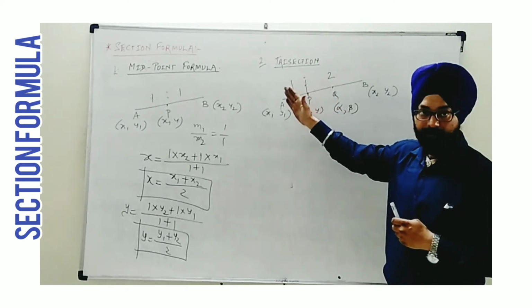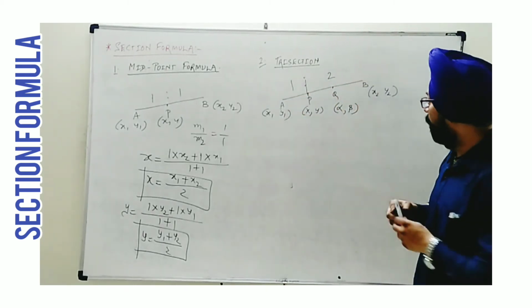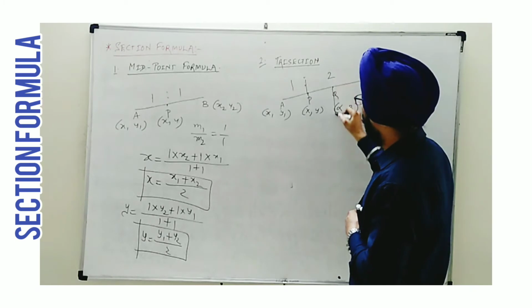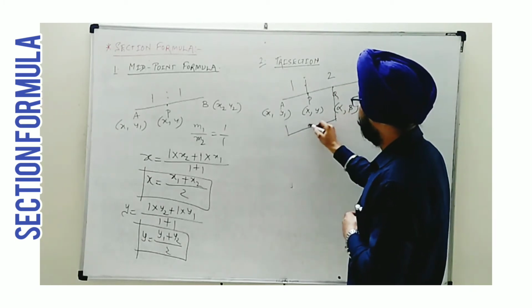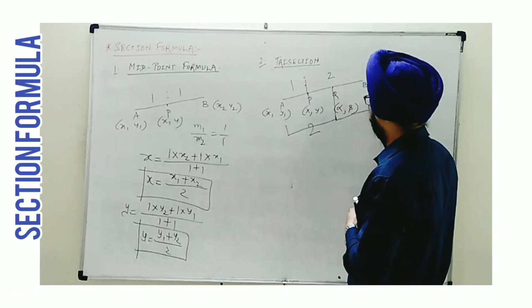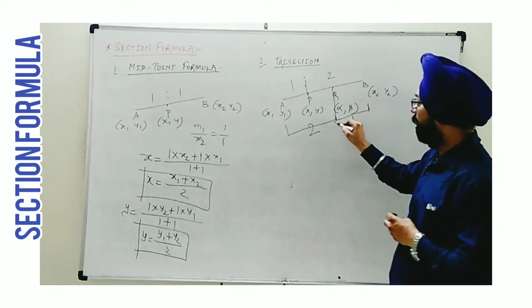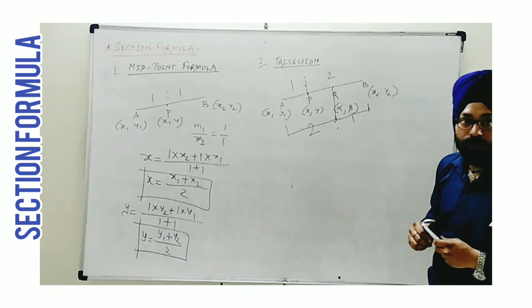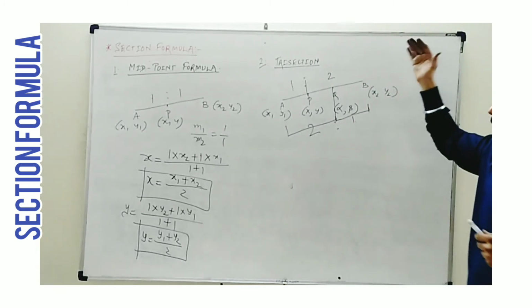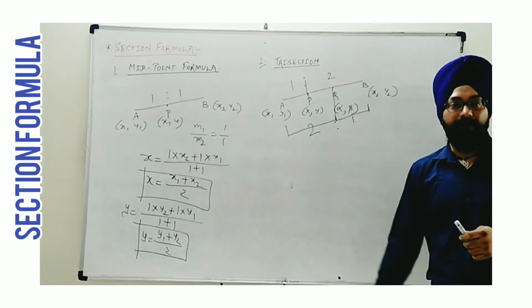Means on the left hand side 1 and on the right hand side 2 parts lie. And with respect to Q, you see 2 parts lie here on the left hand side and 1 part lies on the right hand side. So Q divides in the ratio 2:1. Okay. So in this way we apply trisection.